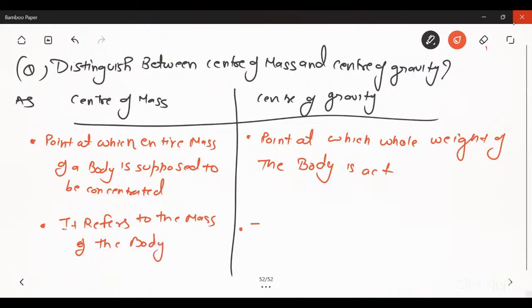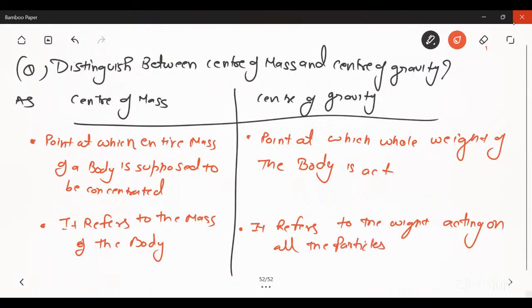It refers to the weight acting on all the particles of the body.